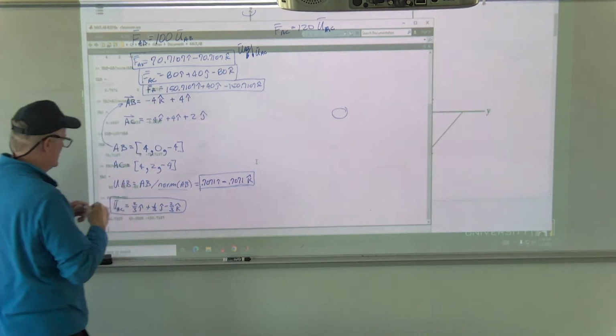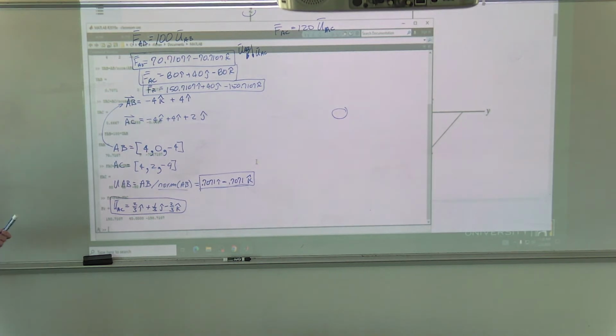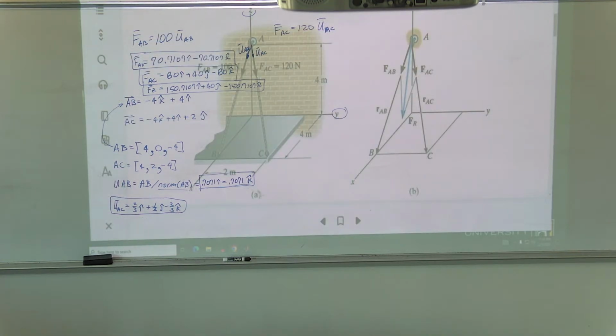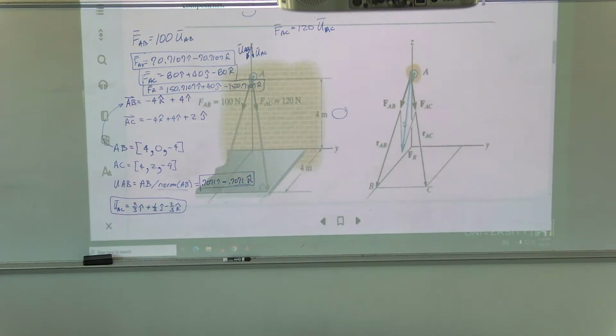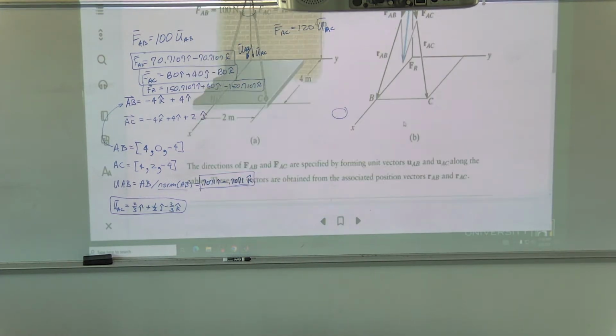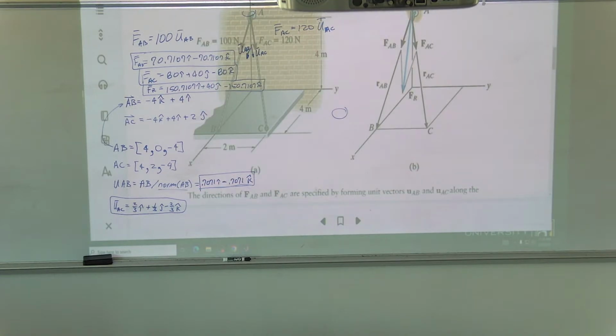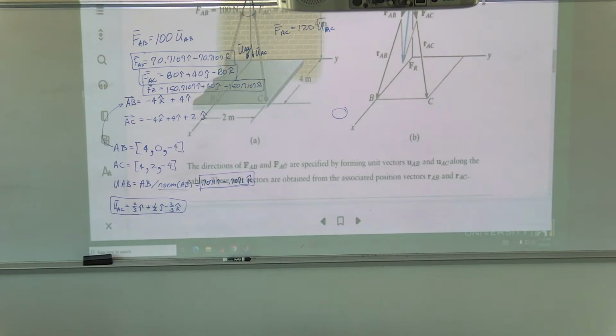That's the resultant. Let's now go back. Since I had that there, I'm going to go back and see what he did. So here he started finding R A to B, and then he did R A to C. And he said, well, these two forces are going to end up with a resultant when I add them together. So then he says solution. Okay, so he goes down and specifies that the directions A, B are specified by forming unit vectors along the cables.